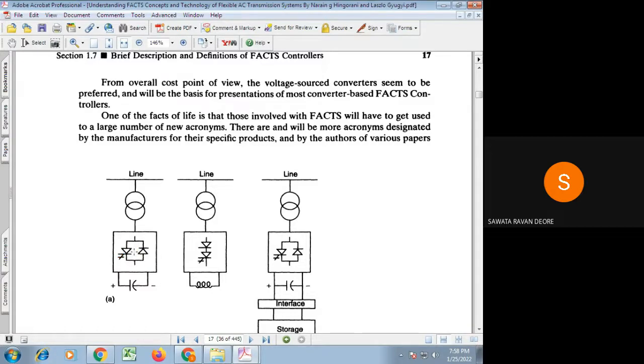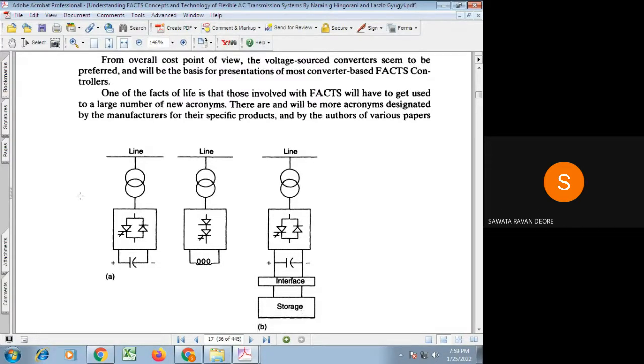Now, by means of the configuration of the DC side of a converter, there is a classification of converters called voltage source converter and current source converter.